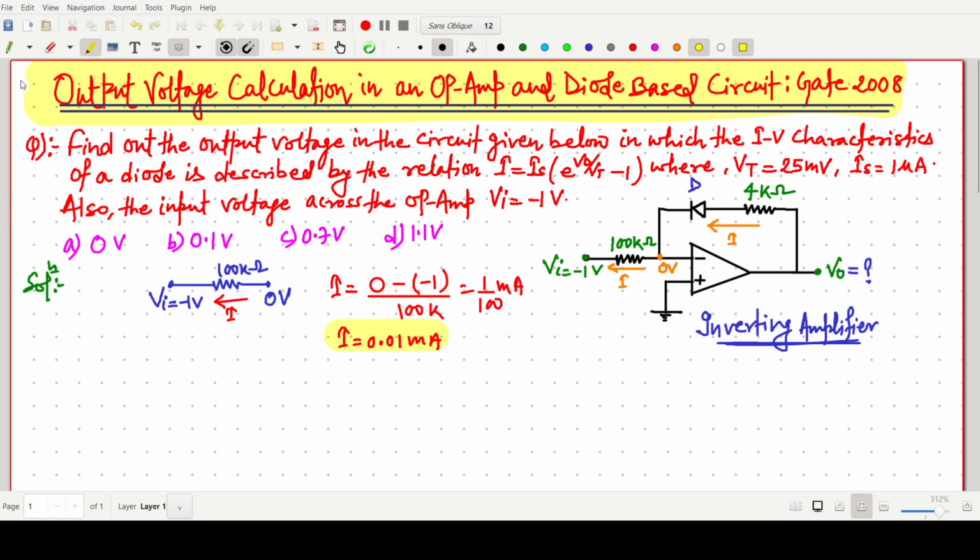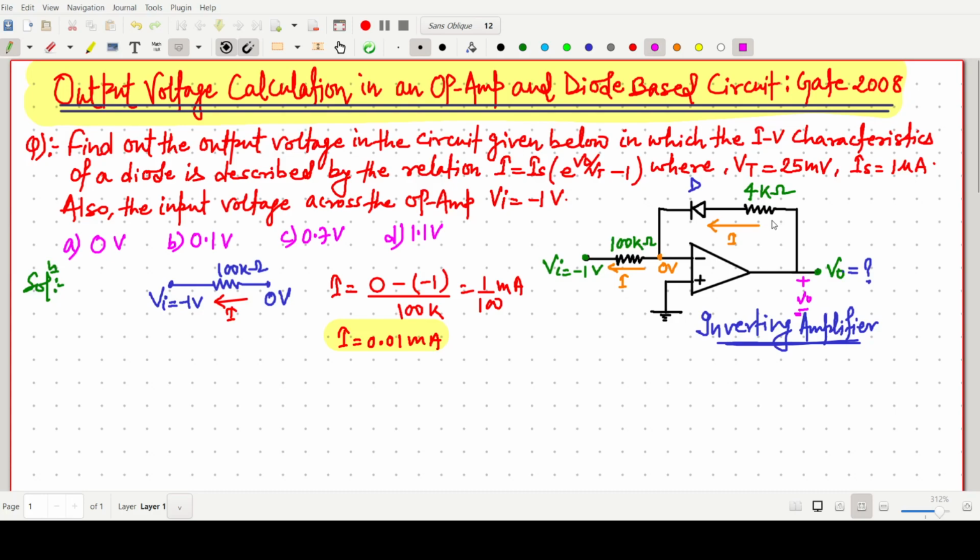Now in the question, the diode equation is given, so we can know this voltage. And if we know this voltage, we can say what the output voltage should be, because if we go to this side, this one is V naught, meaning this voltage is V naught.